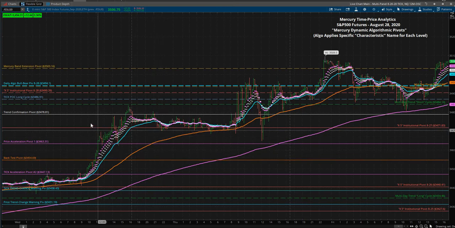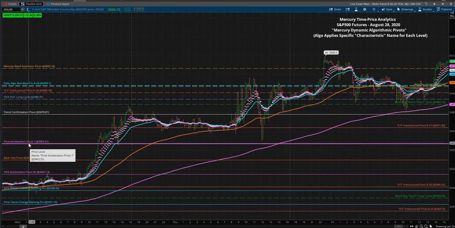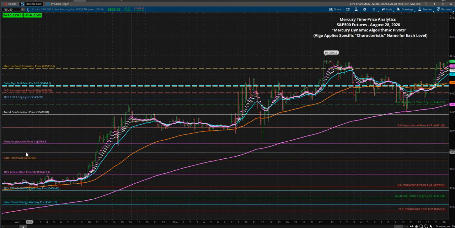And what's amazing about this algorithm, and I absolutely sincerely believe that this does not exist even at an institutional level, is when we run these algos in the morning, not only does the algorithm give us the price level, but the algorithm also gives us a descriptive name for the expected price behavior when it gets to that level.